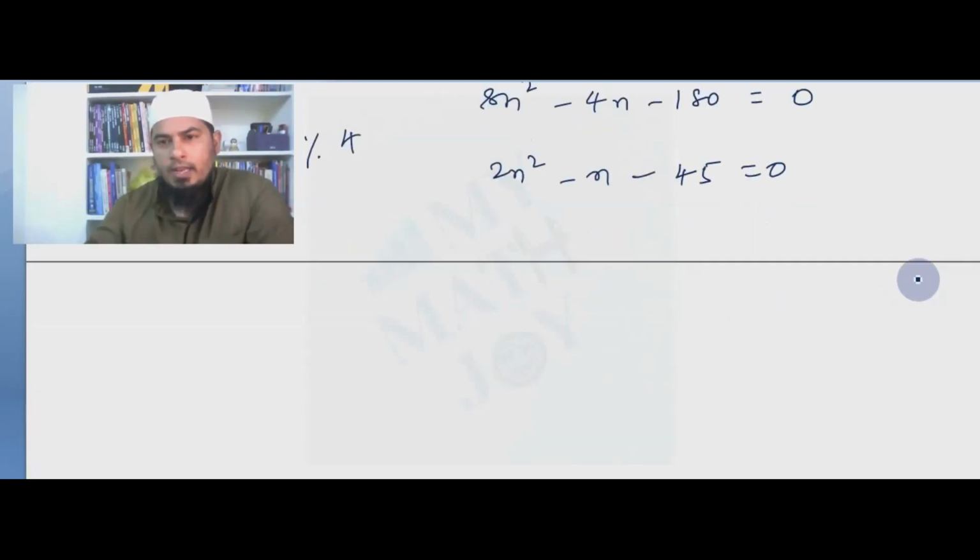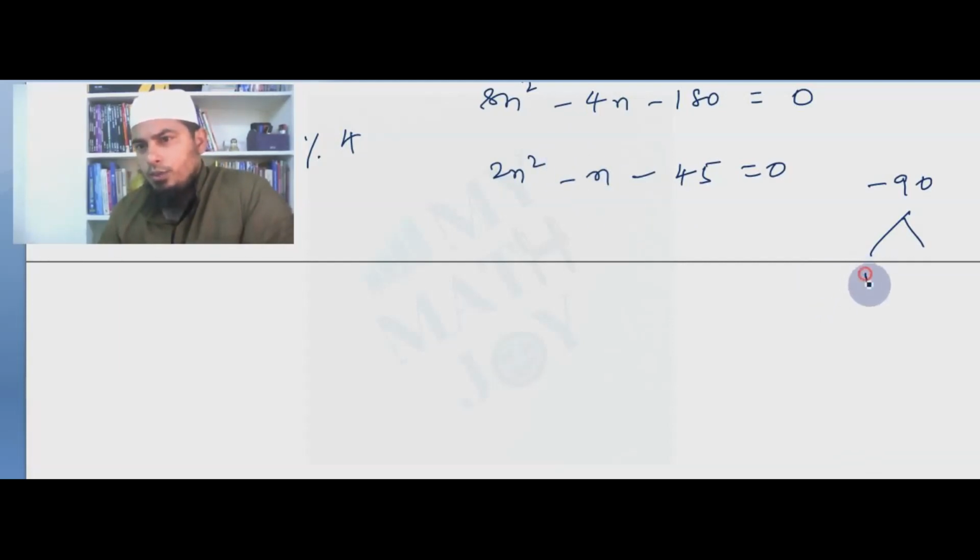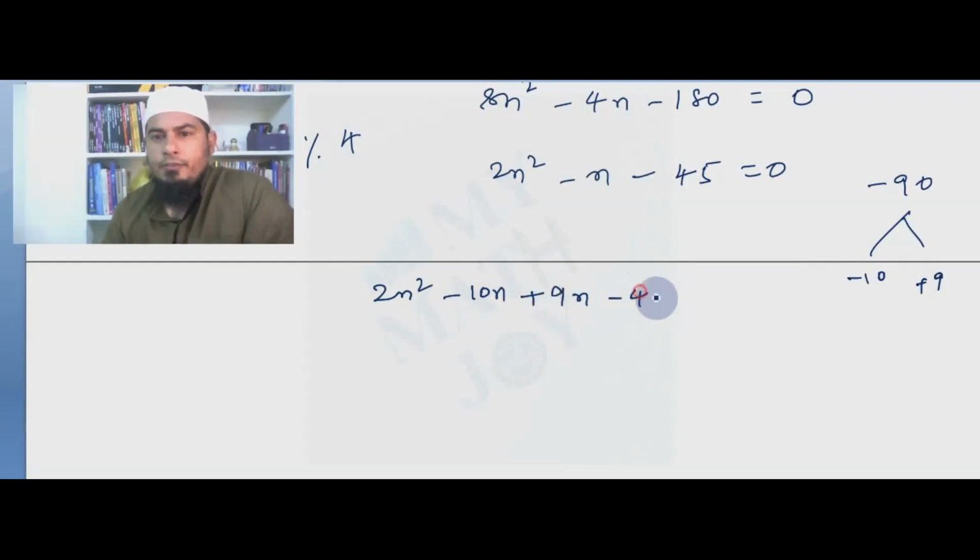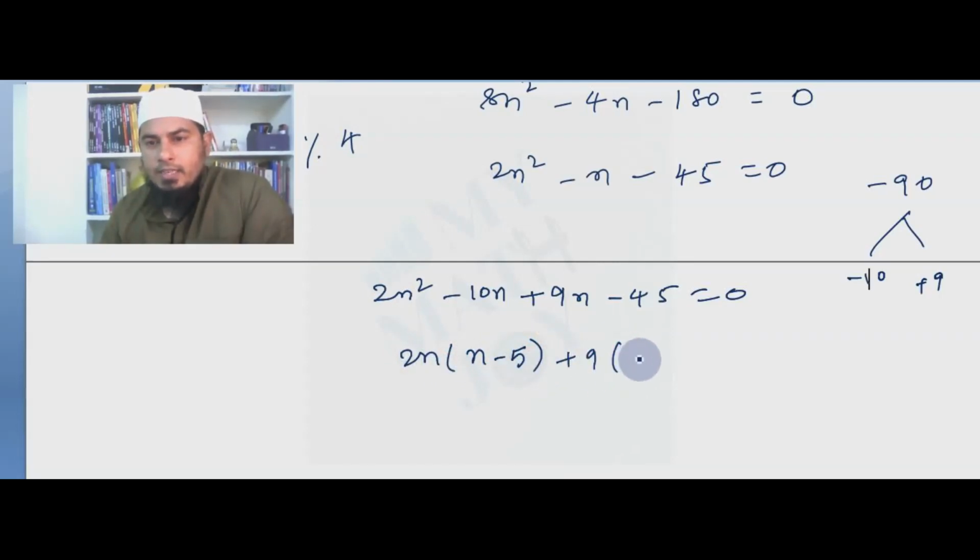Now the factorization method works. So you do your factorization. Multiplying the first and last terms, we need a split that gives minus 1, so you get minus 10 and plus 9: 2n square minus 10n plus 9n minus 45 equals 0. 2n is taken common, and 9 is taken common, so you get n minus 5.